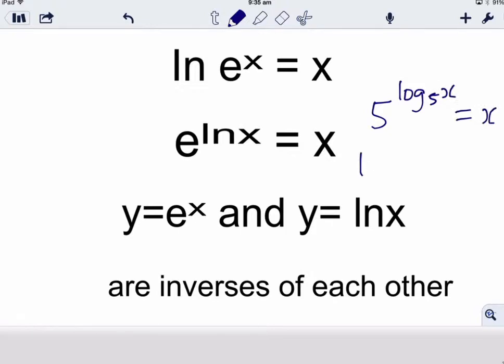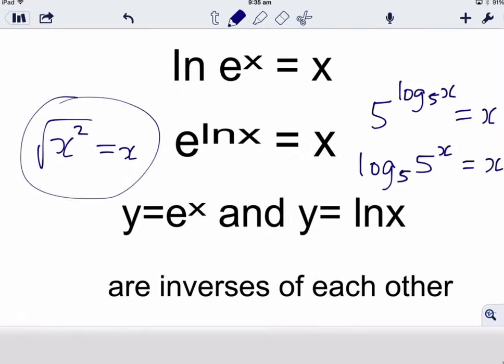Or you could say log base 5 of 5 to the x is also x. It's just understanding that those two functions are inverses and undo each other, much like the square root of x squared. We understand that square root and squared are inverses, and this is the equivalent thing with logarithmic functions.